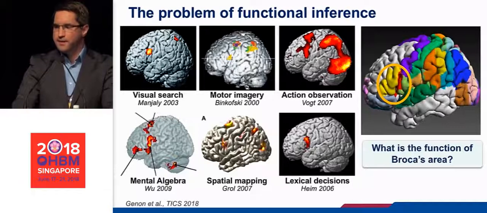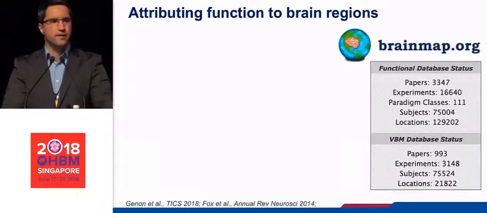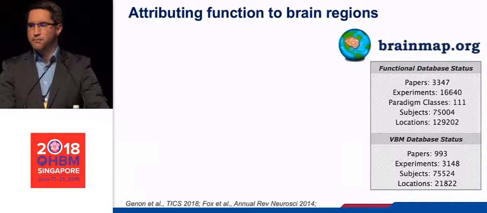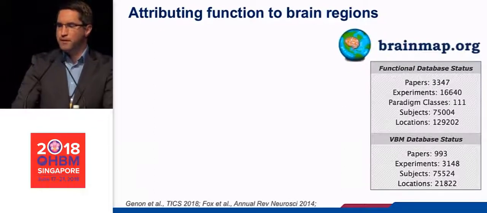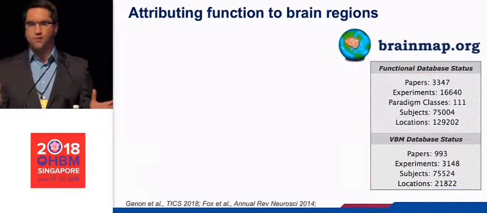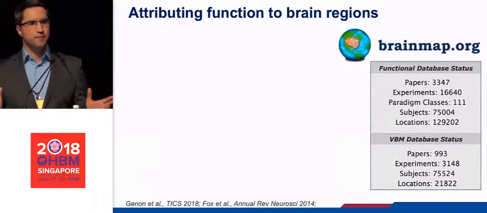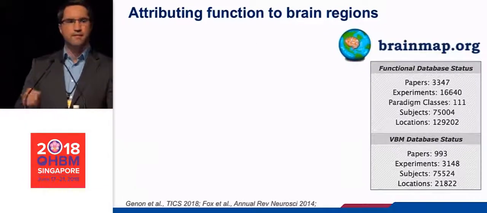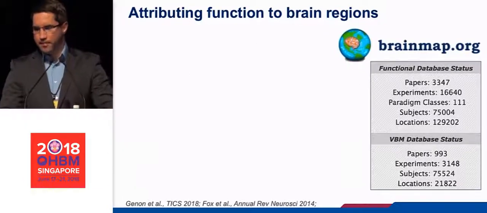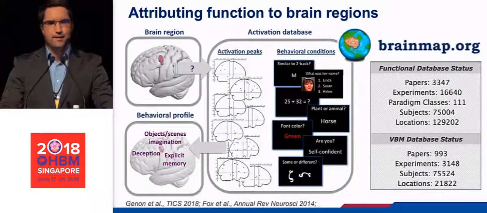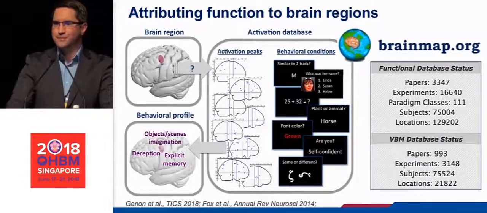And one way to answer that is to resort to activation databases. There are two of them, two large ones, BrainMap and NeuroSynth. I will focus here on BrainMap. So this is a database where you have thousands and thousands of experiments, and for each experiment you have where did it activate and what did it do. And then you can basically statistically answer the question that we, in a little bit of a joke fashion, answered subjectively.